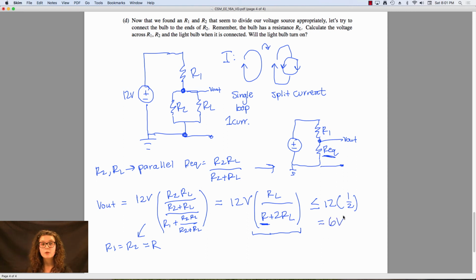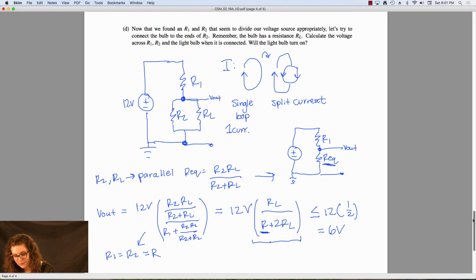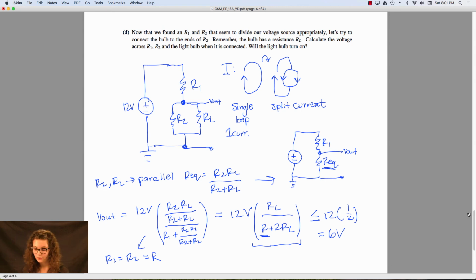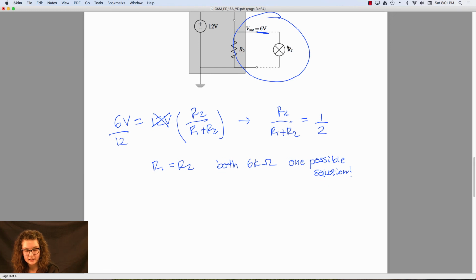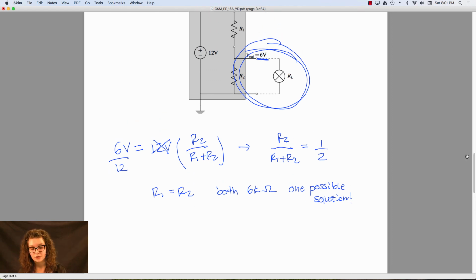So we are actually never going to hit 6 volts and let the light bulb turn on. The moral of this was that you can't pre-calculate some voltage for a voltage divider, hook up some extra circuit element like a light bulb, and expect everything to perform the same way. It will not do that. What this is doing is loading the circuit. So you're loading it with this new value.